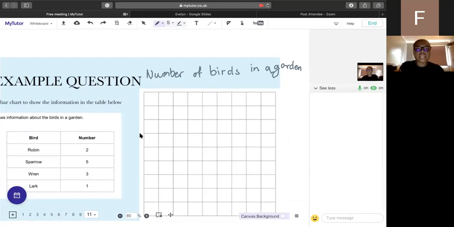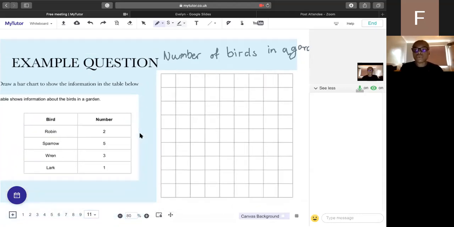So the next thing that we need to do is draw and label our axes. So let's draw our axes. So we've got a vertical axis here.